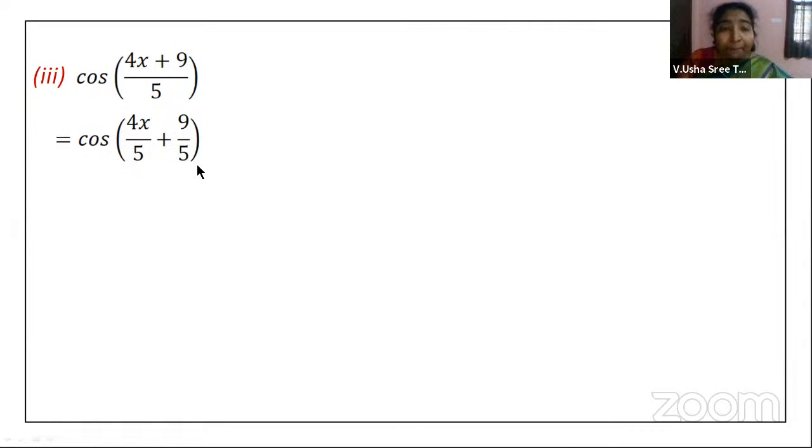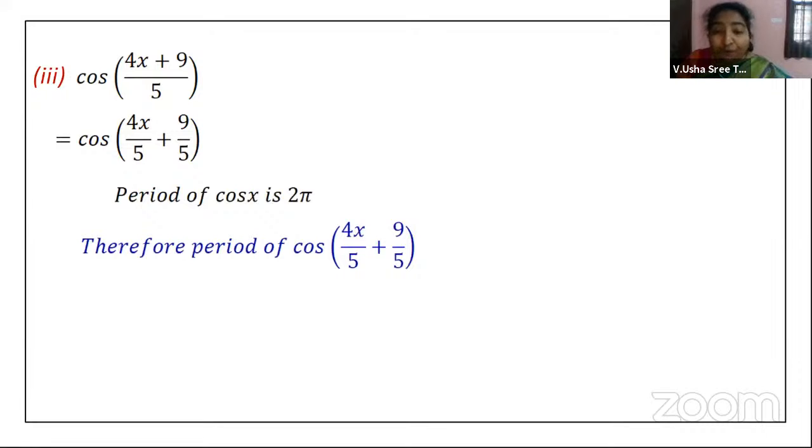But we know period of cos x is 2 pi. Therefore, period of cos of 4x by 5 plus 9 by 5 is 2 pi by mod of 4 by 5. So this can be taken as 5 pi by 2. 5 goes to the numerator and of course 4 and 2 they get cancelled.